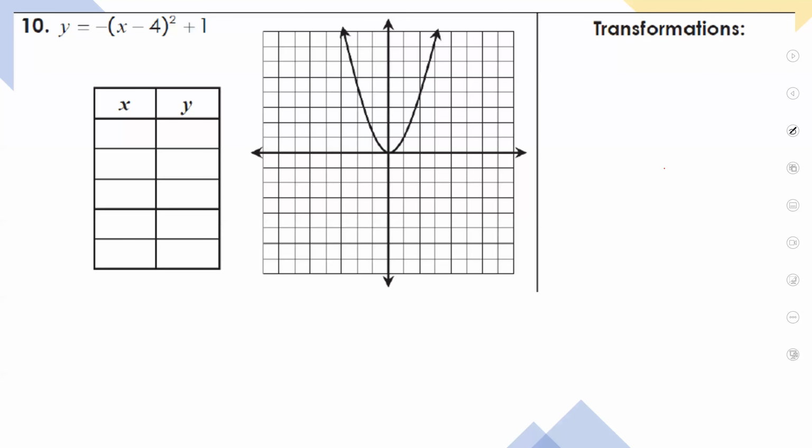All right, this is the next example. You guys need this example? No? Okay, I'm just going to get you started. What is my vertex? 4. Yes, your vertex is 4 and 1. Opposite of this, and then you write that. So my vertex is at 4, 1, right here.